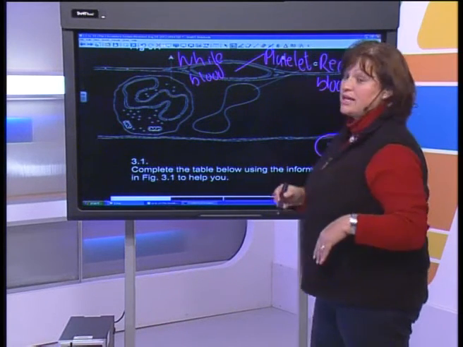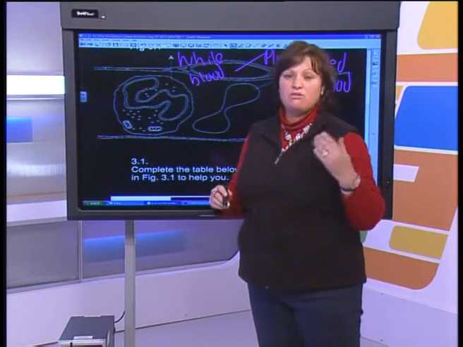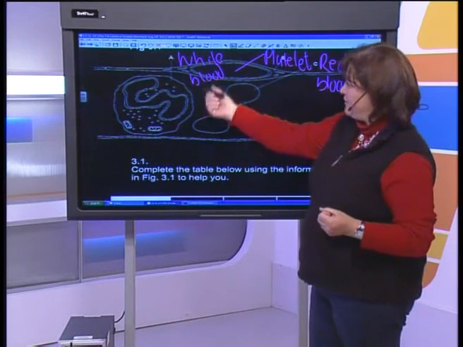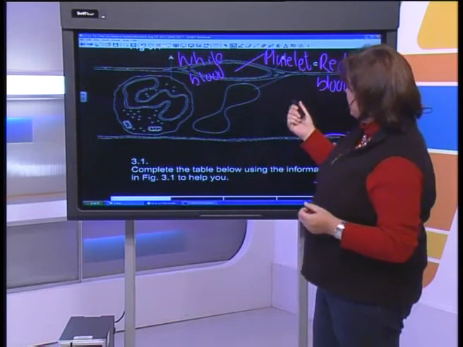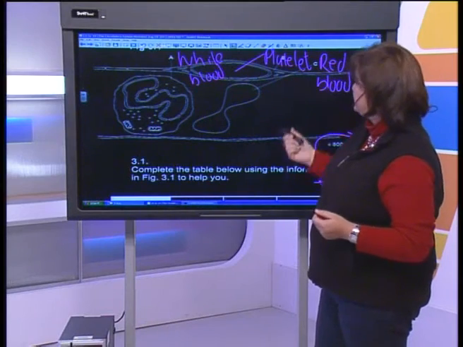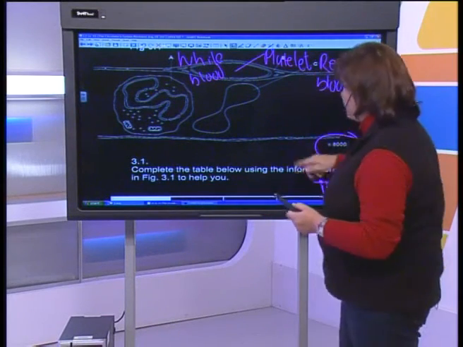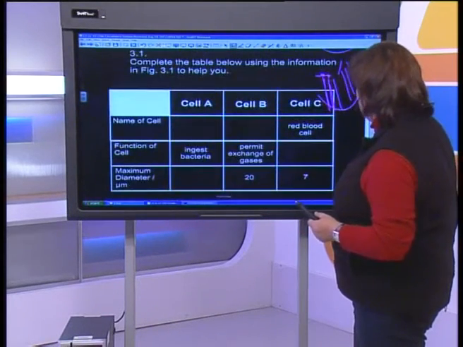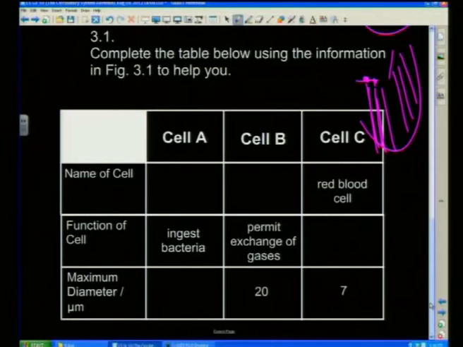The more scientific name that we use is thrombocyte. So there we have, A is our white blood cell, B is our platelet, and C is our red blood cell. So if we go back to our table, you will notice number C, they've already told us it is the red blood cell. So it leaves us with number A, and it gives you a little bit of a hint here.